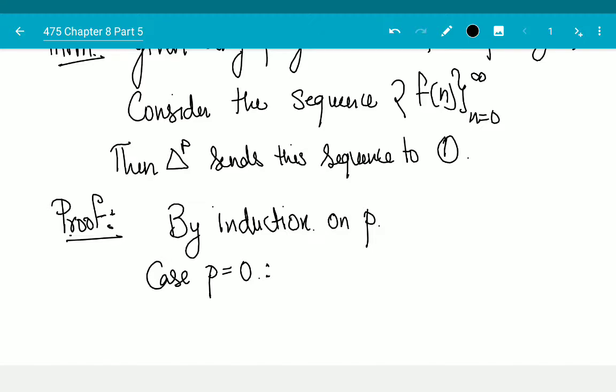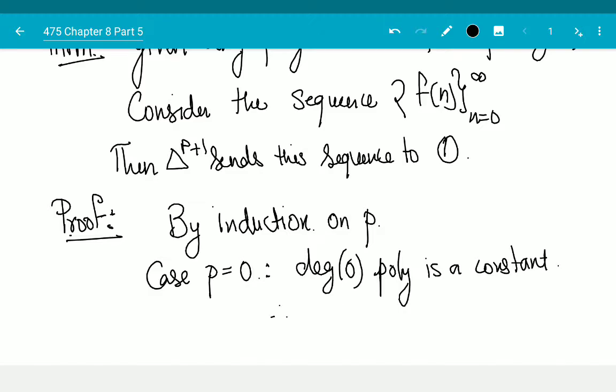The only degree 0 polynomial is a constant, and we want delta to the P plus 1, not delta P. Therefore, delta f of n is equal to 0 for every n, right?